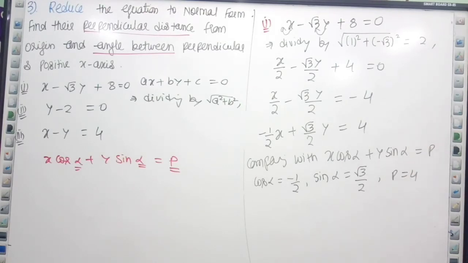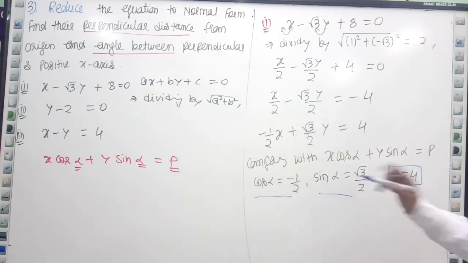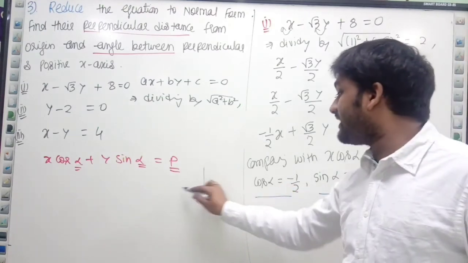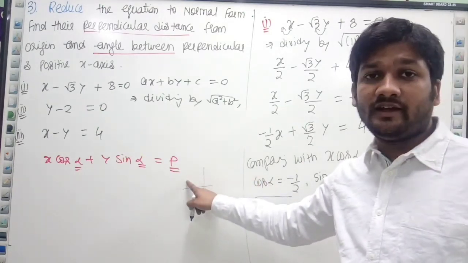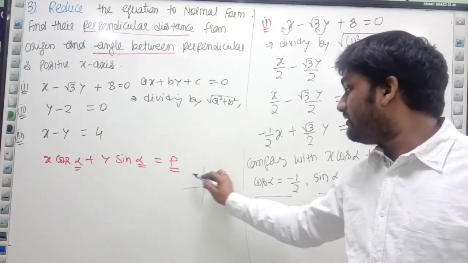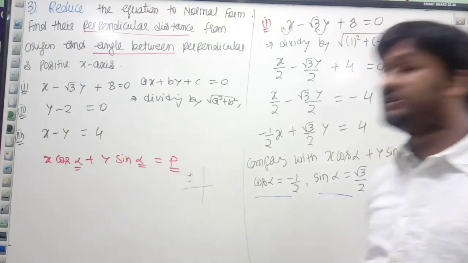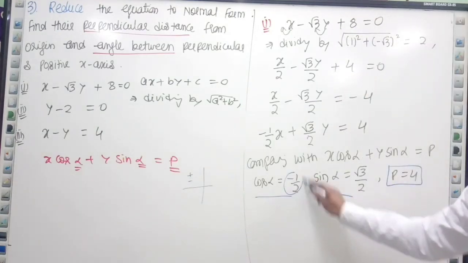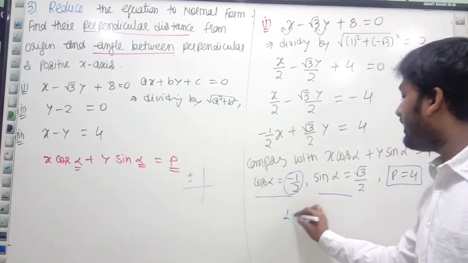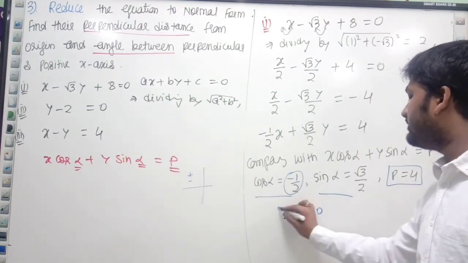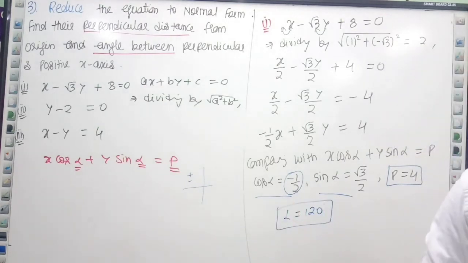So what I can say here, this perpendicular distance from origin is 4, and for alpha I need to check the quadrant. Cos is negative and sin is positive. Sin positive, cos negative is the second quadrant. So 1 by 2 is cos 60, so minus 1 by 2 in the second quadrant, alpha equal to 120. This is the angle and this is the answer.